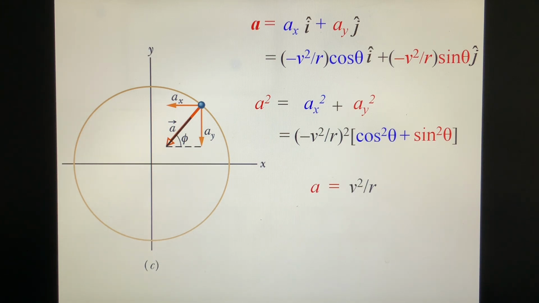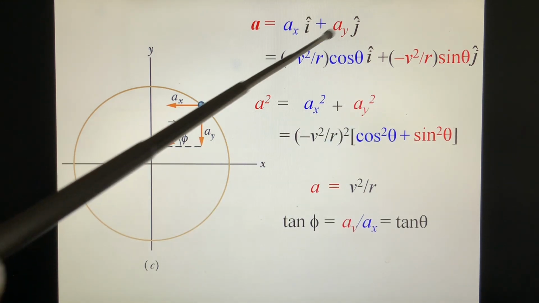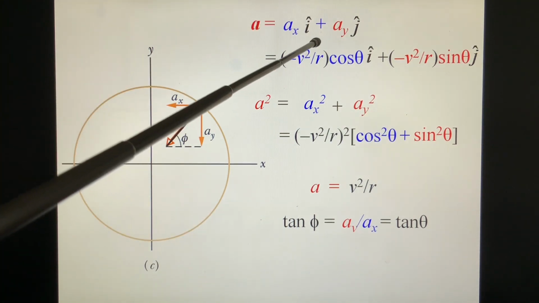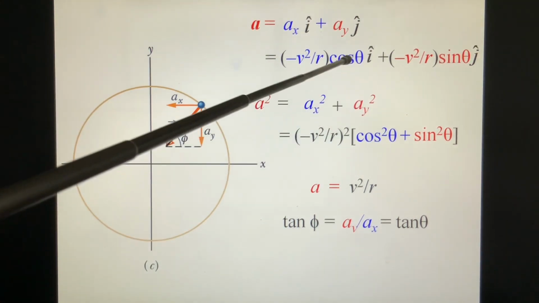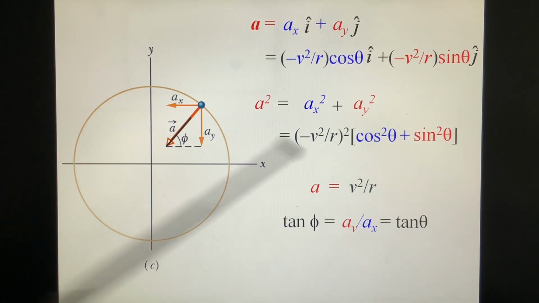This is the centripetal acceleration we are familiar with in one dimension, right? Yeah. Now I've proved it. How about direction? Our direction is phi. Tangent phi equals Ay over Ax. We cancel out V squared over R. We get sine theta over cosine theta, which is tangent theta.